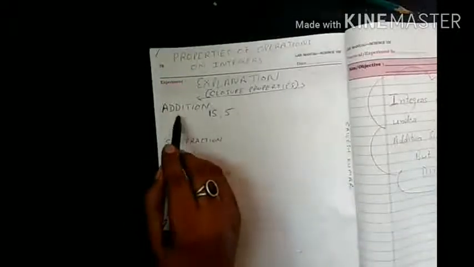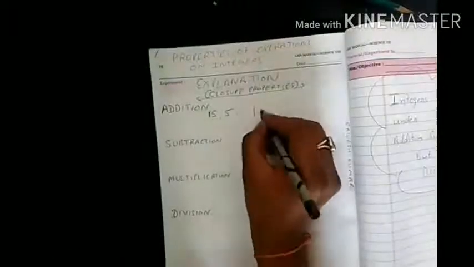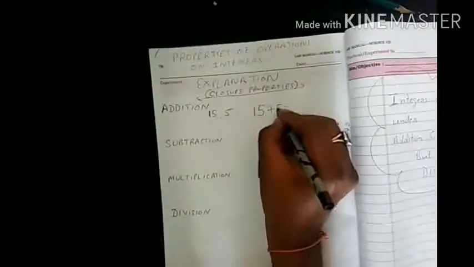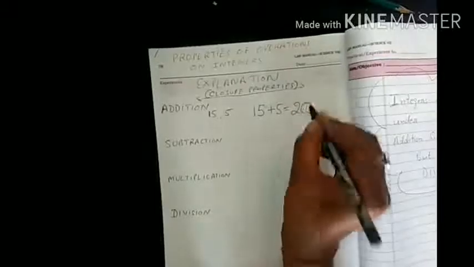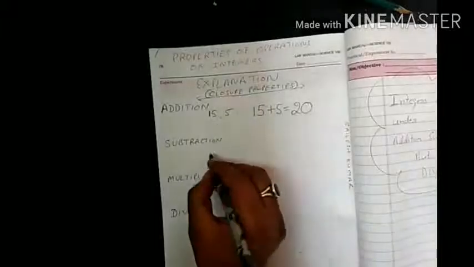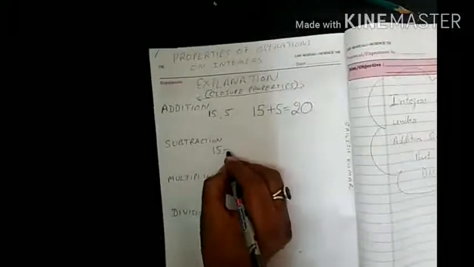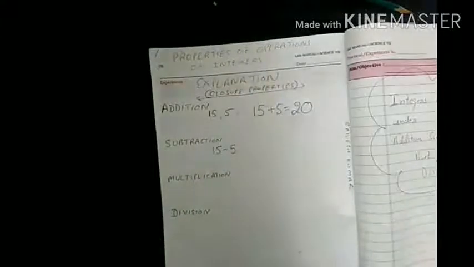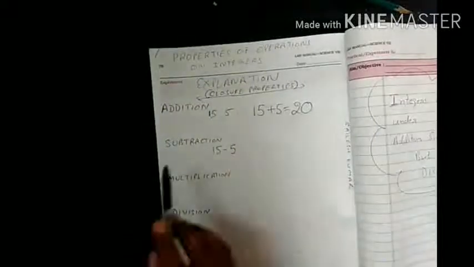So if I apply the operation addition over 15 and 5, then see 15 plus 5, what is the answer? This is 20. Now you know 20, the answer we got, is also an integer. Now I am going to subtract these two numbers which I have taken earlier.